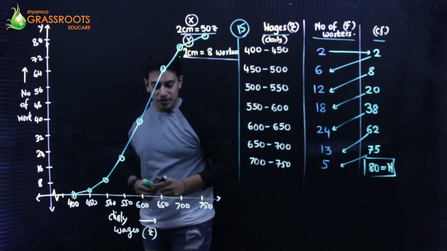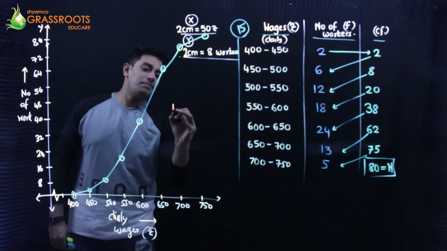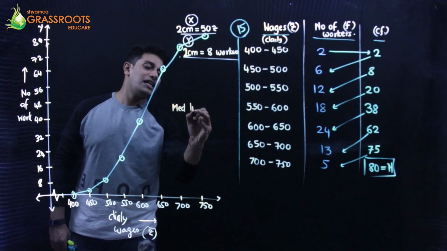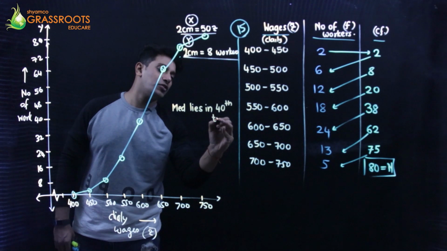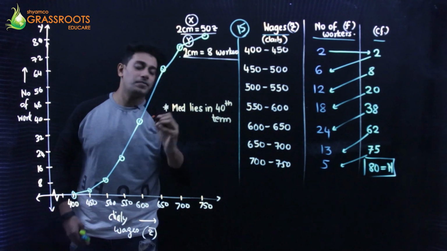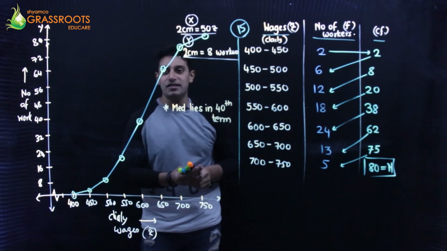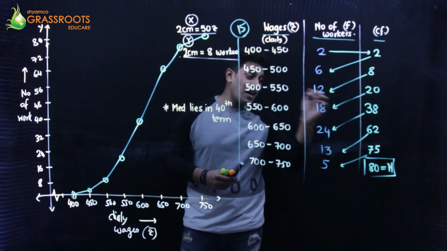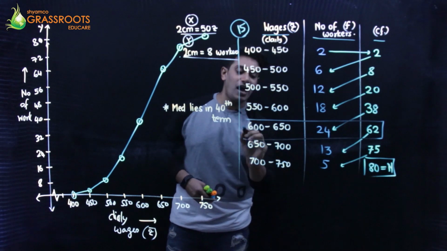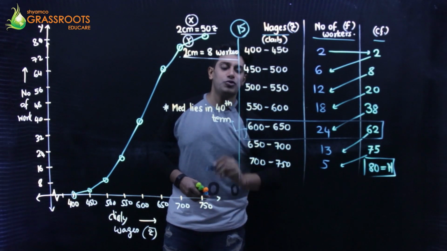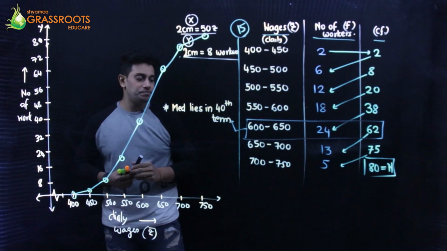The first question, median. Can I say median lies in n by 2th, that is 40th term. Now 40 lies between 38 and 62, so the answer is going to be the higher one. This is going to be the range of median.